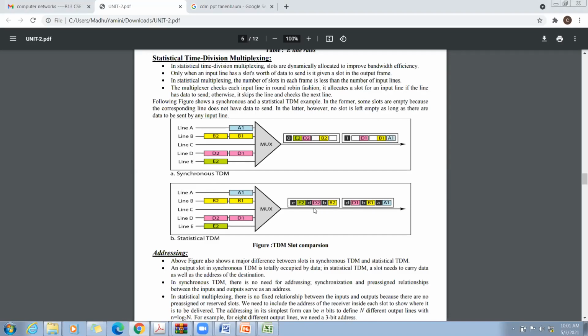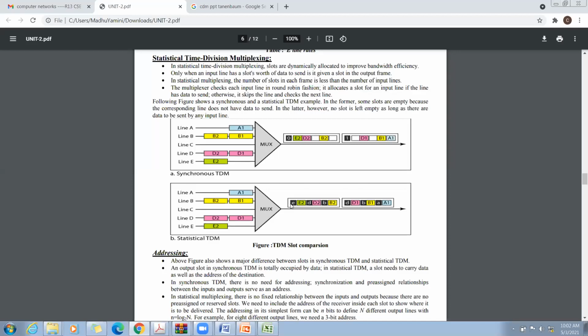Okay, in this, B is transmitting, here yellow color, B is transmitting, D is transmitting and E is transmitting. Here B2 has B synchronization bit, D has small d synchronization bit, E2 has small e synchronization bit.